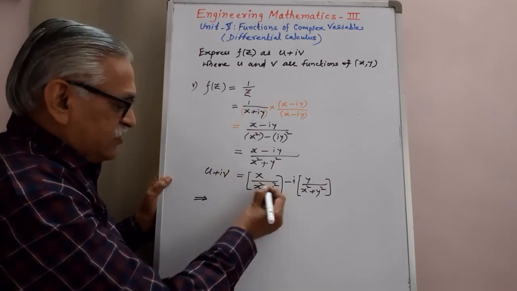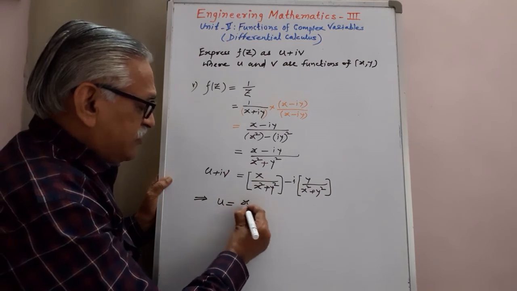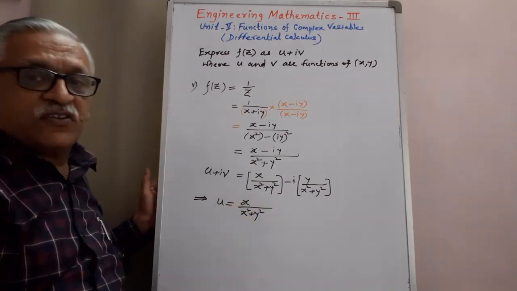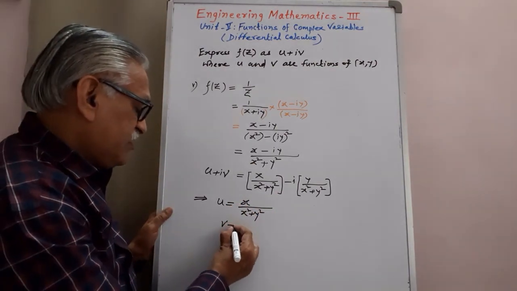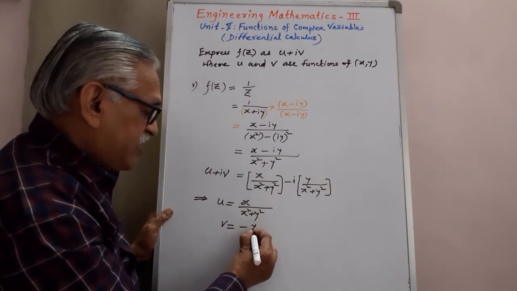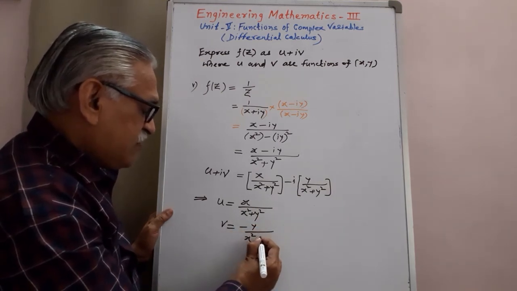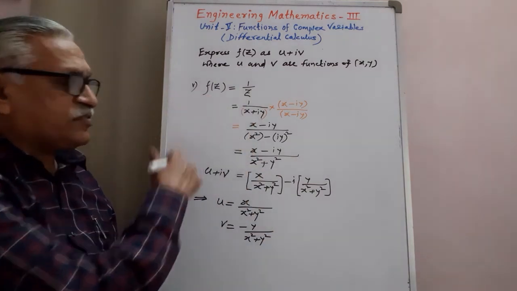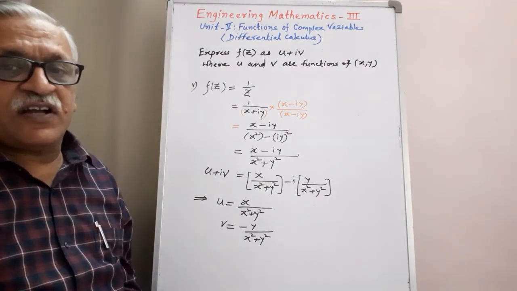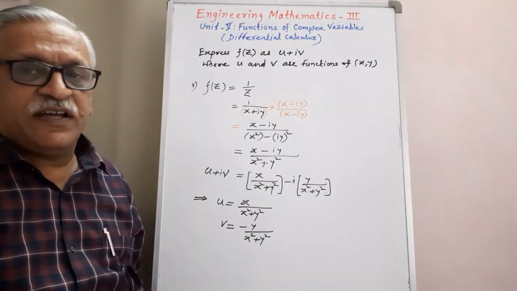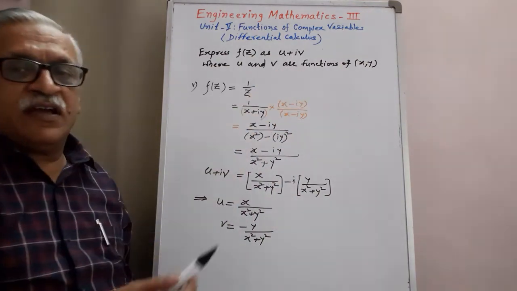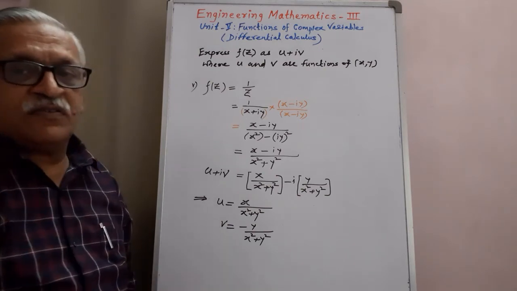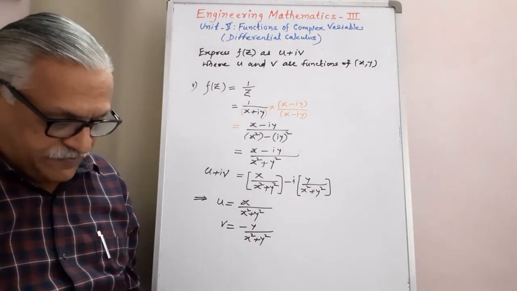Comparing two sides, we get real part u is equal to x divided by x square plus y square, a function of x and y, and v is equal to minus y divided by x square plus y square. Therefore, in all these 5 examples, I have converted the given function f of z in the form of u plus iv, where u and v both we are getting as functions of x and y.